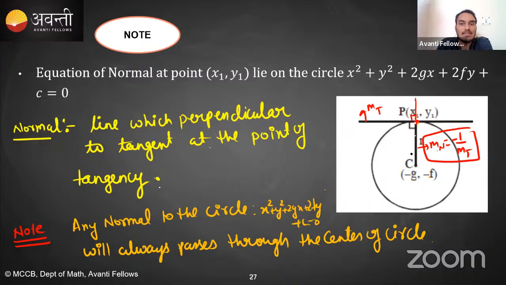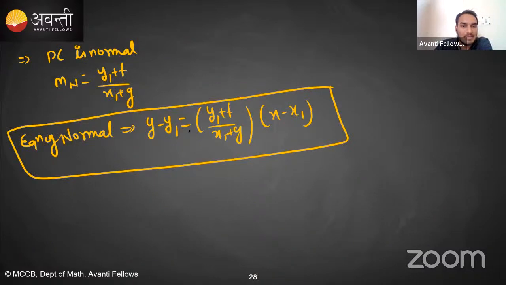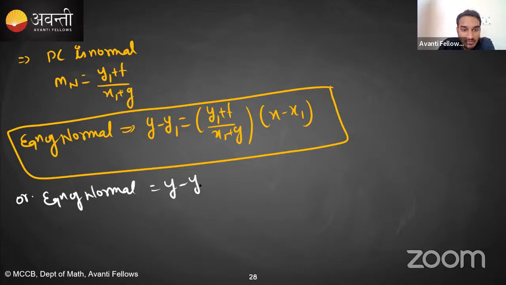So now this question is reduced to finding the equation of the line passing through the two points x1 comma y1 and minus g comma minus f. So simply y minus y1 is equal to slope into x minus x1. Or alternatively, the equation of normal is y minus y1 is equal to slope of normal into x minus x1.